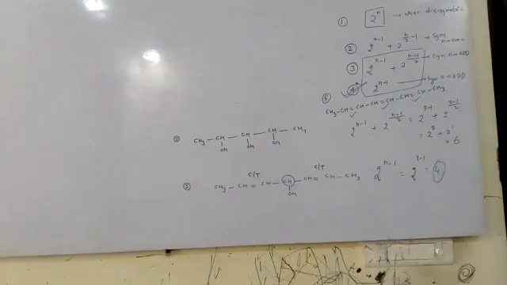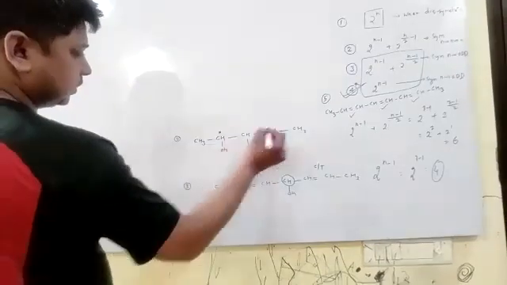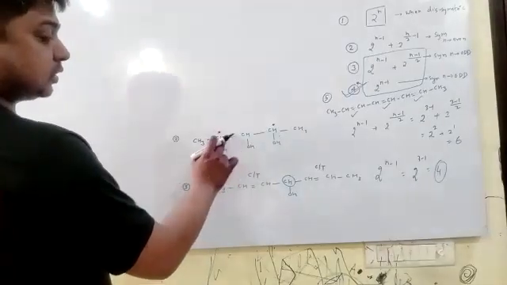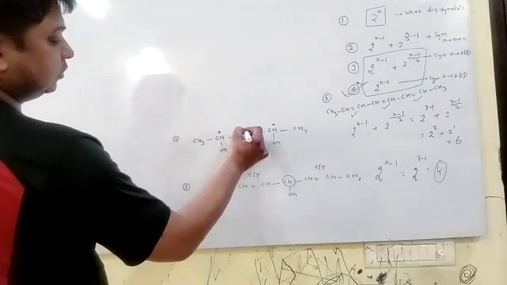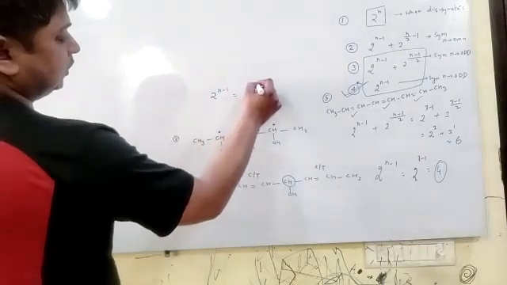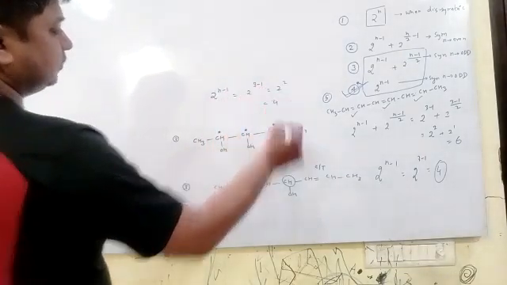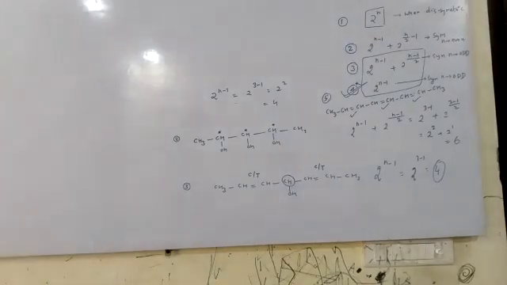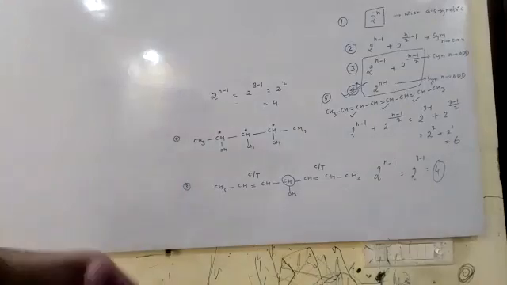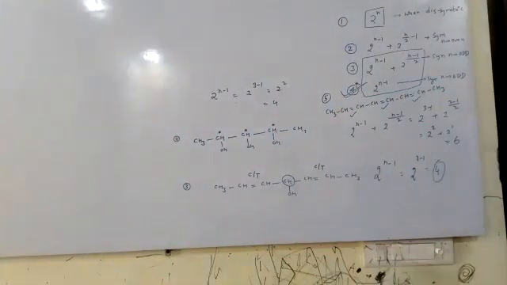Understood the difference? Yes. This is always chiral, this is always chiral, and again, the chirality of this center will depend on the structure of this. Yes or no? So this is pseudo chiral. So if we have a pseudo chiral center, then 2 to the power n minus 1, including the pseudo, so 2 to the power 2 is the answer. So these first three formulas are very famous for JEE Advanced, but nowadays JEE is asking questions in which a pseudo center is there. So the formula will be different.